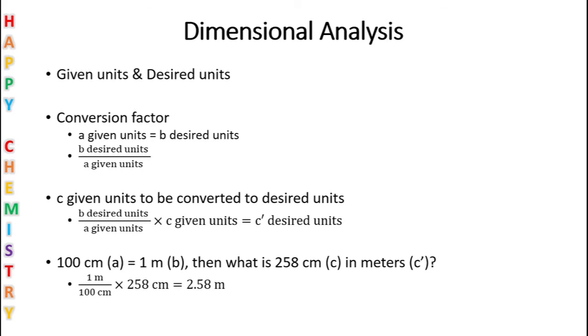When the given measurement, 258 centimeters, is multiplied by the conversion factor, the units cancel off and we are left with the desired unit. And the answer is 2.58 meters. This should be done throughout the problem to make sure that you get the correct units.